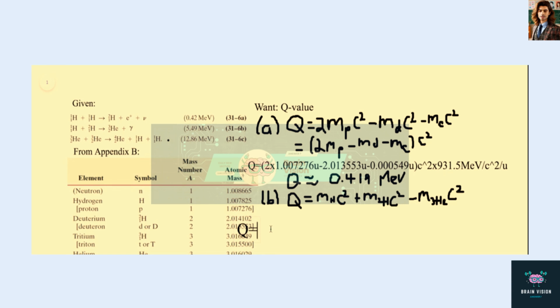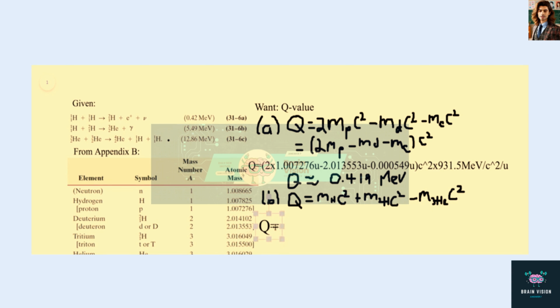So before we fill in the numbers, just a subtlety here. We're dealing with nuclei, but for the case of helium, which I'm sorry is cut off here, but I'll enter the values in a second and you'll see them. But for the case of helium in the appendix, we are only given the atomic mass, which includes electrons.